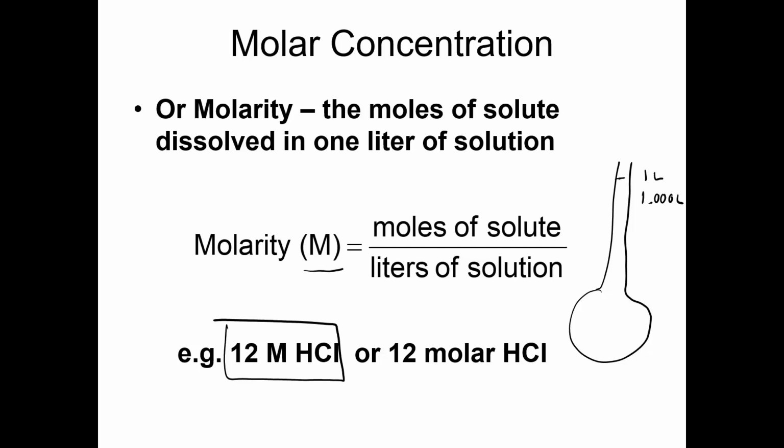Best I can do. So it would take 12 moles of hydrochloric acid, and hydrochloric acid is not a solid, but somehow they put it in there and then fill it up to 1 liter, so that in 1 liter of solution you have exactly 12 moles, right? So moles of solute dissolved in liters of solution.